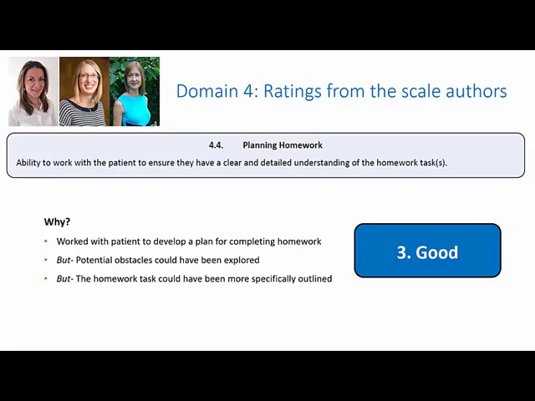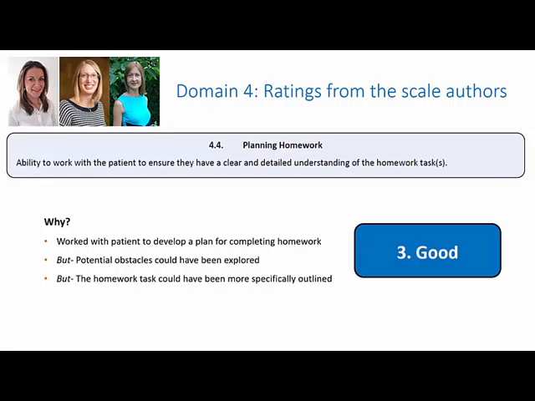Finally, item 4.4, planning of homework. For this item we gave a rating of 3, good. The therapist worked with the patient to make sure that she had a coherent plan for completing the homework and one that she understood. But the therapist didn't ask specifically about potential obstacles that could get in the way of completing this task.